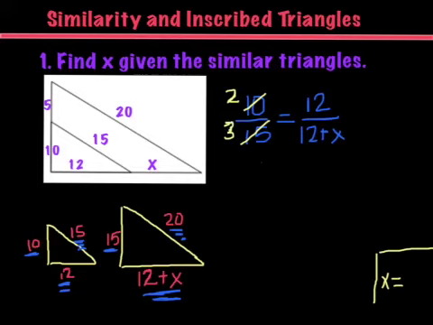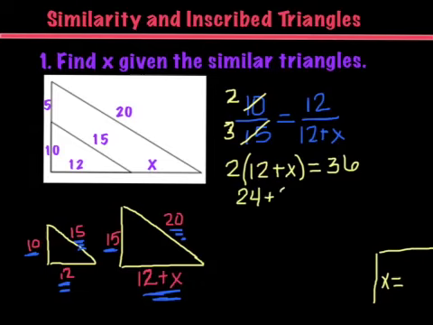All right, good enough. Okay, now we can go ahead and cross multiply, and we're going to get 2 times 12 plus x equals 3 times 12, or 36. Distribute, so 24 plus 2x equals 36.